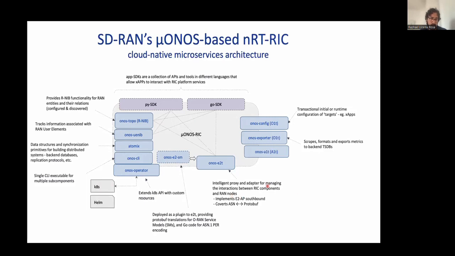This is all done by this set of components in the ONOS operator package.